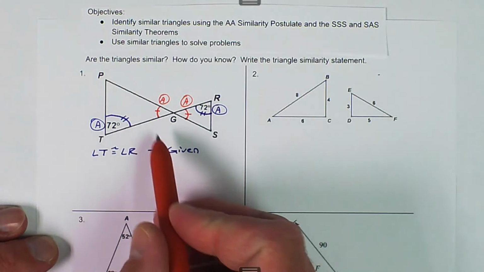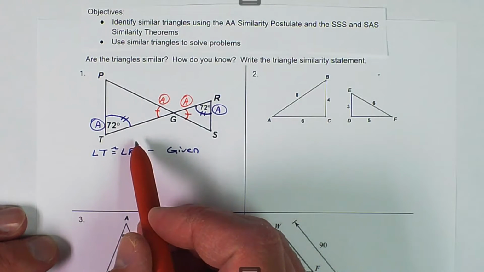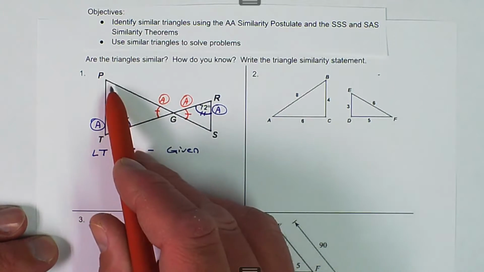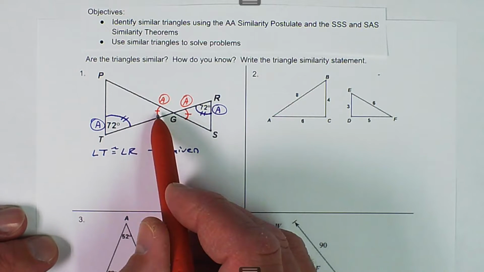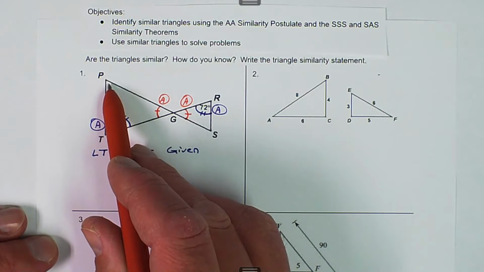So we have to name these angles correctly: 2, 1, 0. That's how we're going to name this triangle: 2 congruent marks, 1 congruent mark, 0 congruent marks.